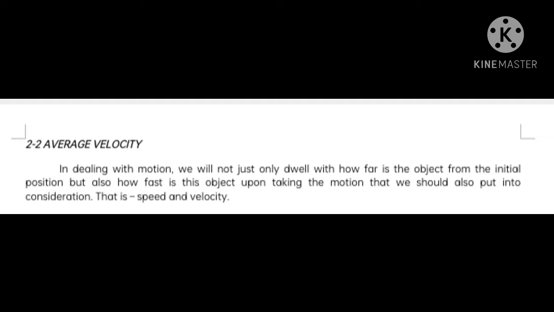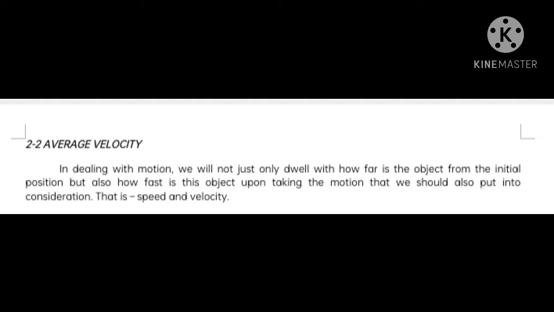Average velocity. In dealing with motion, we will not just only dwell with how far is the object from the initial position, but also how fast is the object upon taking the motion, that we should also put into consideration.